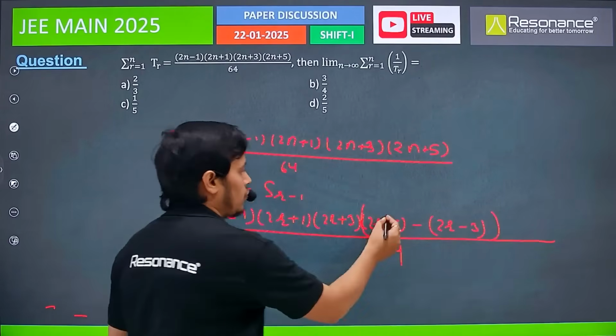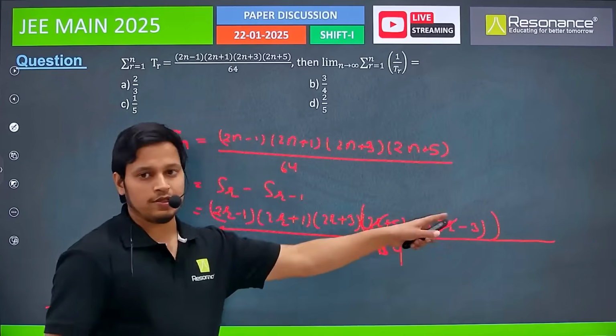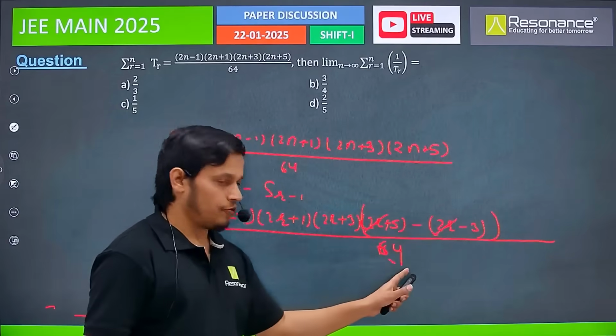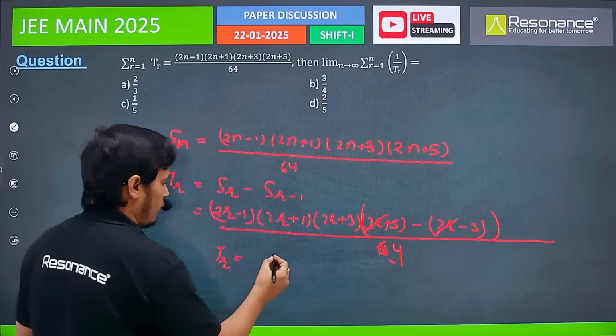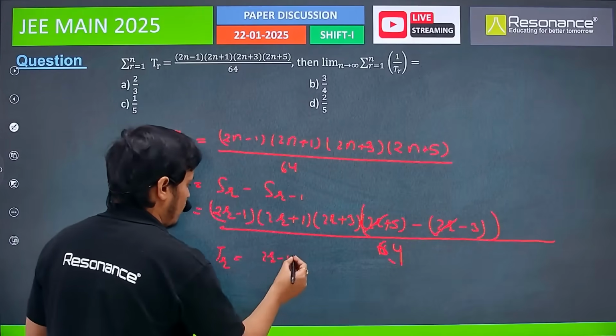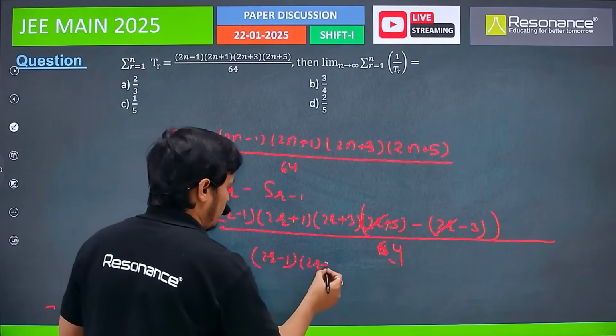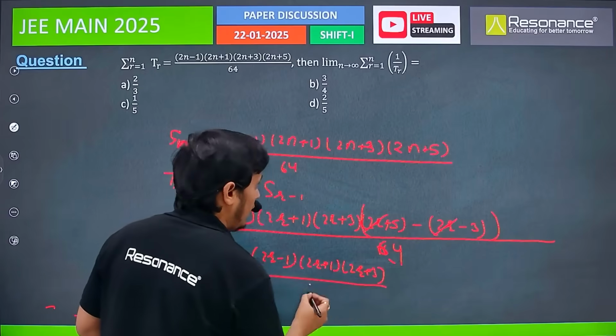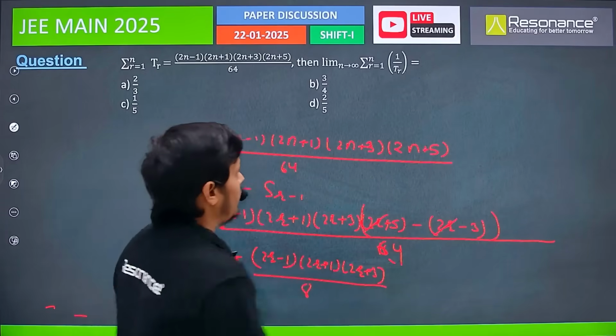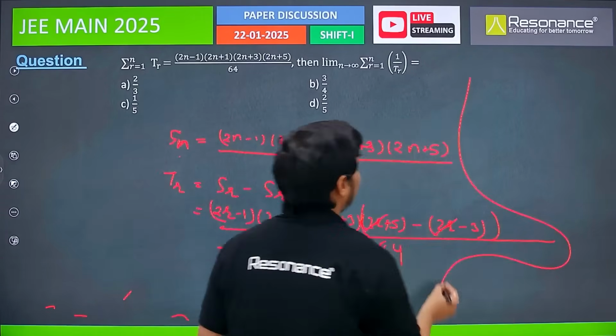Okay. Now here 2r cancels, 5 plus 3 is 8, 8 to 64, 8 times cancels. So finally you got the value of tr equal to (2r minus 1) into (2r plus 1) into (2r plus 3) by 8.